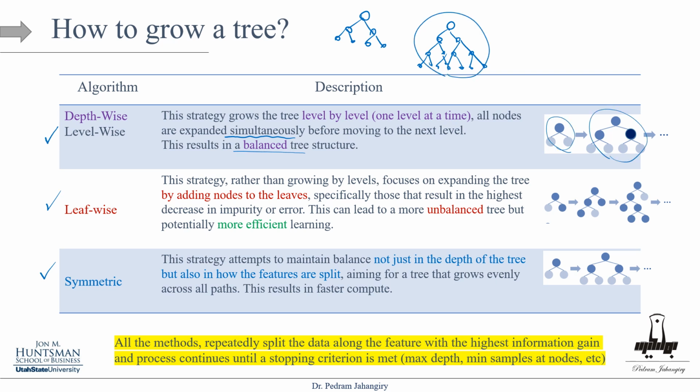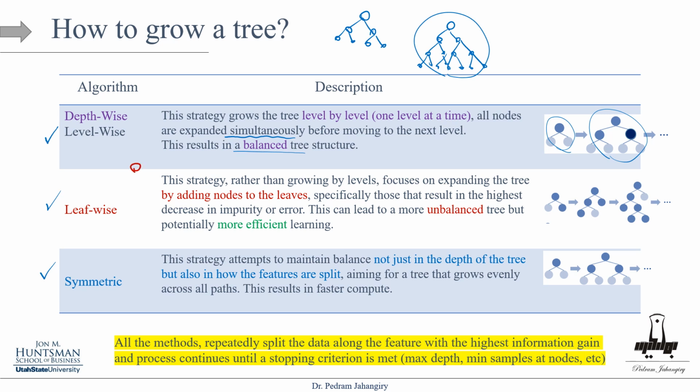Okay. The next one is leaf-wise. How does leaf-wise do the job? Rather than growing by levels, this strategy focuses on expanding the tree by adding nodes to the leaves, especially those that result in the highest decrease in impurity, or in our case, the highest increase in information gain or decrease in the mean squared error summation. Let me show you what it means.